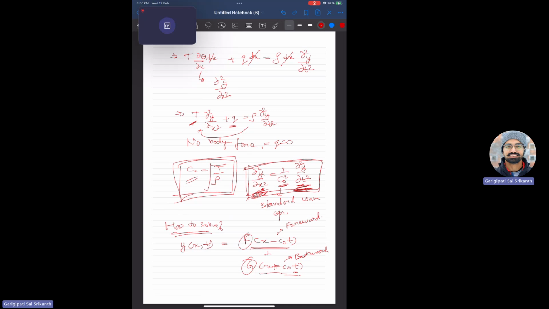You have to realize that you can break down the solution into forward and backward waves. This is a forward wave and this is a backward wave, and the forward wave is of the form x minus c naught t, and the backward wave is of the form x plus c naught t.